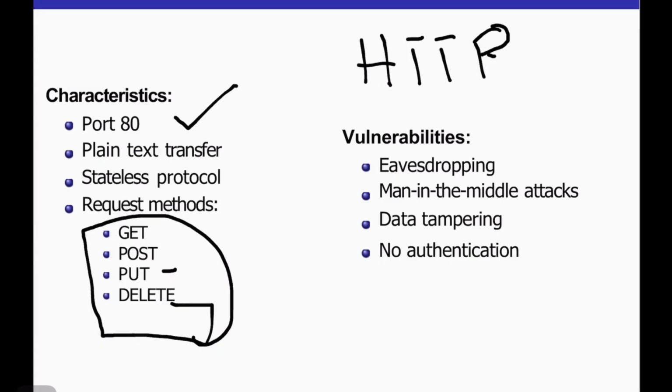So let's talk more about the vulnerability part of HTTP. Right now our information is not safe, because anyone who is interested can get access to it. Eavesdropping is what I illustrated in the drawing: if the person is interested, he can just hear what you are trying to say, because there's no covering around it, and get access to whatever he wants.